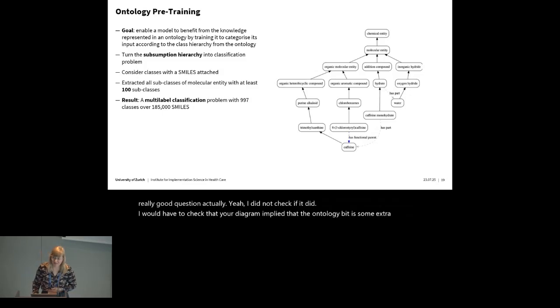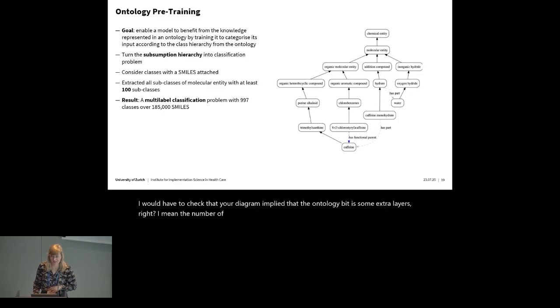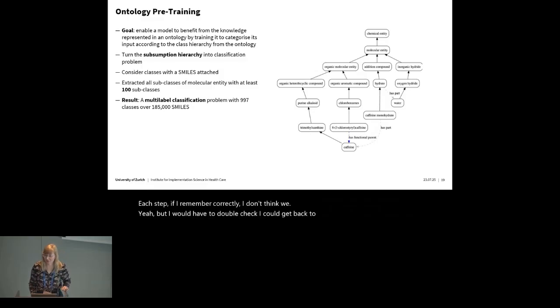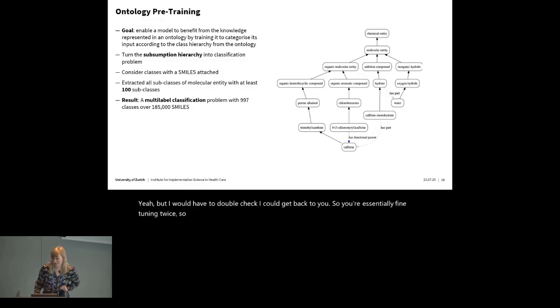Right. I mean, the number of layers actually stays the same for each step, if I remember correctly. I don't think so, but I would have to double check and get back to you. So you pre-train the network, then you're essentially fine-tuning twice. Basically, yes. You could see it that way. Okay, cool, great, thank you.